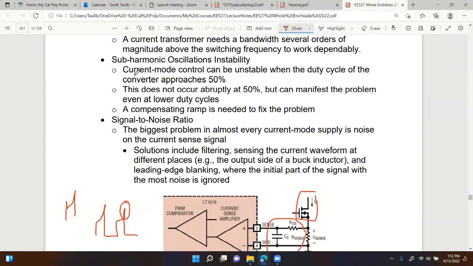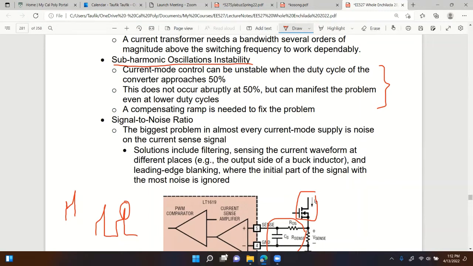One of the disadvantages of current mode control is that it can generate subharmonic oscillation, especially if the duty cycle is larger than 50%. Don't worry about it for now. I'll explain this next week. Maybe I have the time today, we'll see. But that's something I need to explain in a later section.